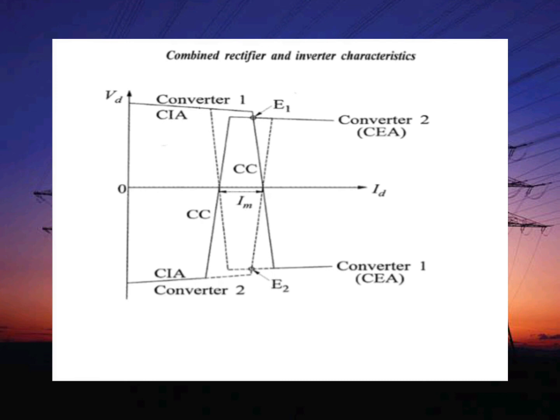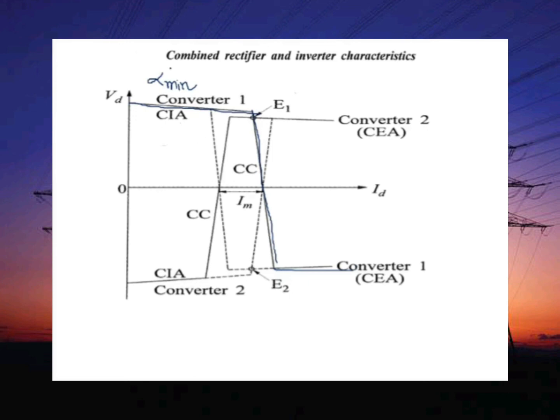The first segment is the CIA ignition delay. The second segment is a constant current. And the third segment is related to constant extinction angle. The CIA corresponds to the alpha min, which we already saw in the previous characteristic.